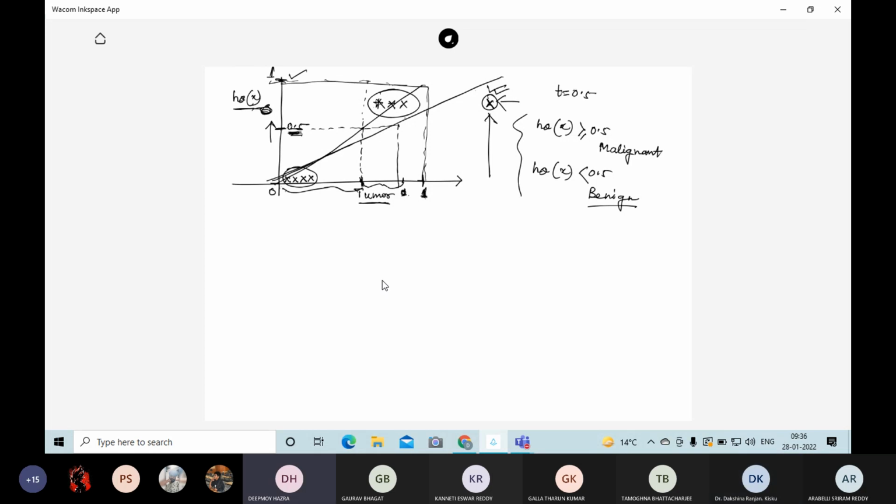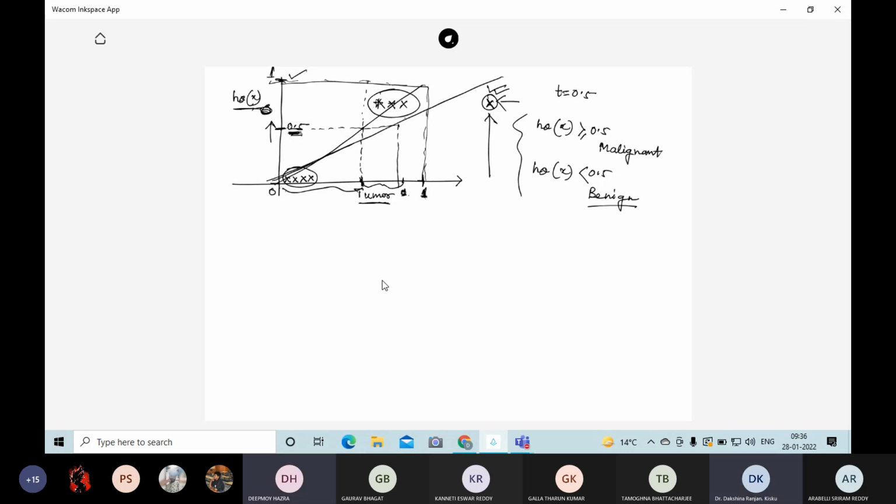Sir, what will be the significance of this straight line? If the point lies on the straight line, then it is malignant? No, no. Because of this threshold, if we consider the threshold 0.5, then by adding this new example the best fitting line is changed.